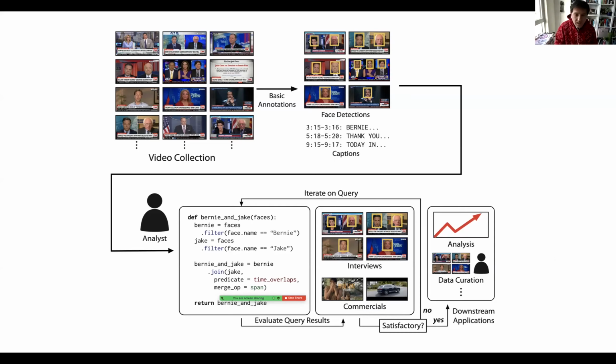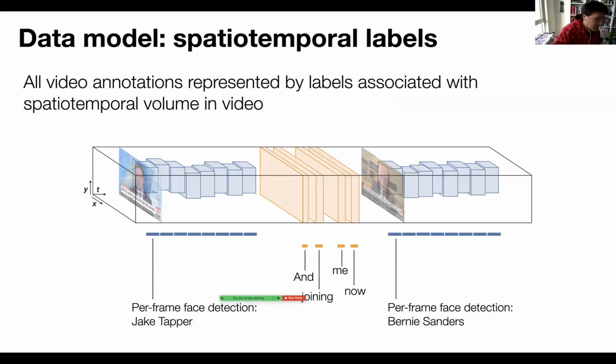Okay. And what we found is a reasonable programming model for this borrows a whole bunch of ideas from the multimedia database community. Much of that community existed at CMU well before I was there. And so some very simple abstractions, like thinking about a label, a face detection, as a spatiotemporal volume in a video. Thinking about a word in the transcript as having a spatial extent, and then being able to generate hierarchies of those.